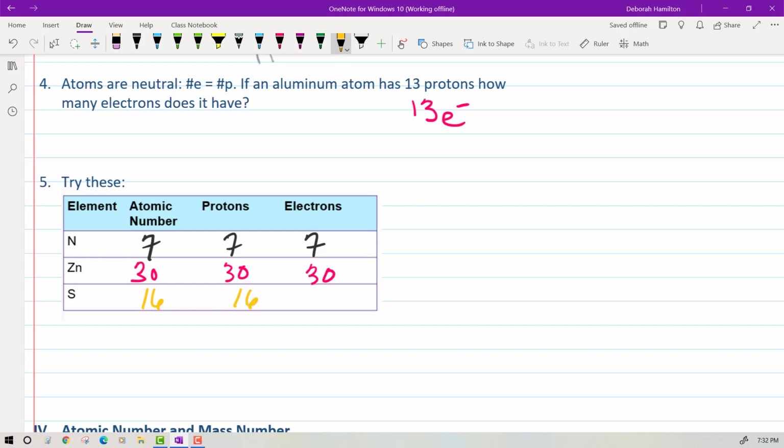So it's going to have 16 protons and 16 electrons. Notice this is how an element is identified. The atomic number equals the number of protons, and it tells you the identity of the element.